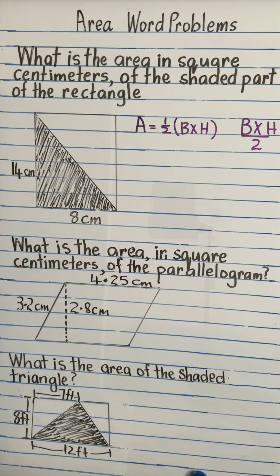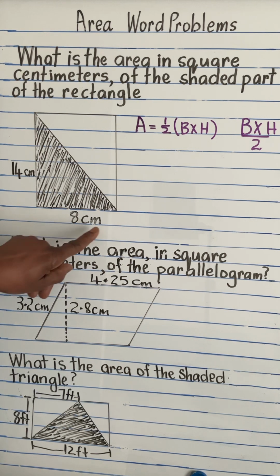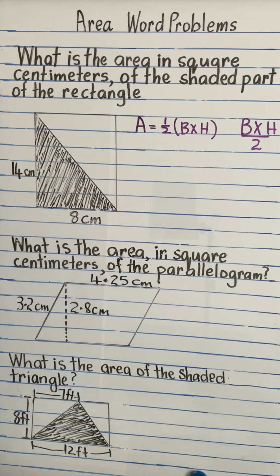How do we know what is the base and what is the height? The base is the bottom part of the triangle. So the base is 8 centimeters. The height of a triangle is a straight line from the base to the apex, to the top of the triangle. So this 14 centimeter is the height.